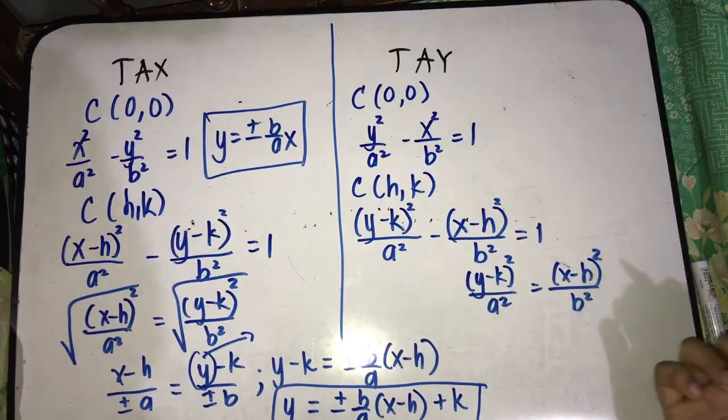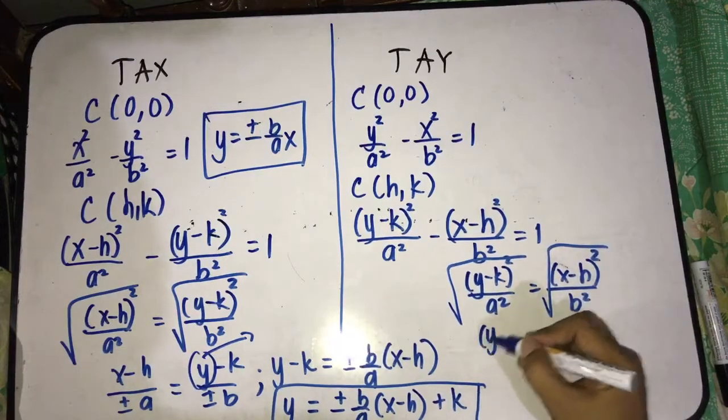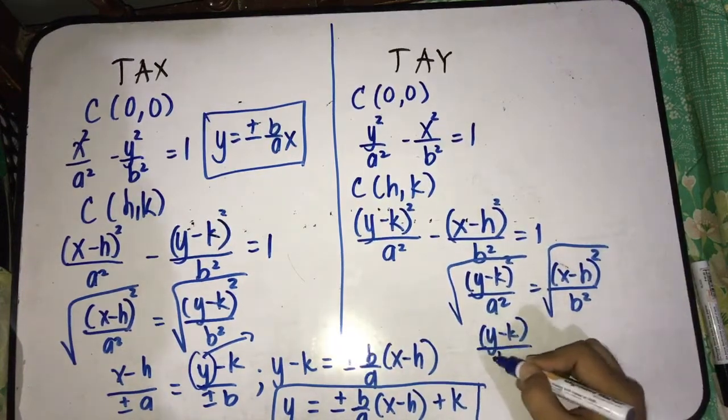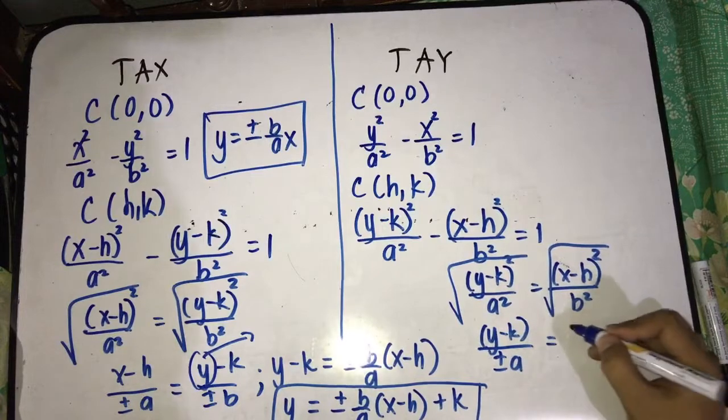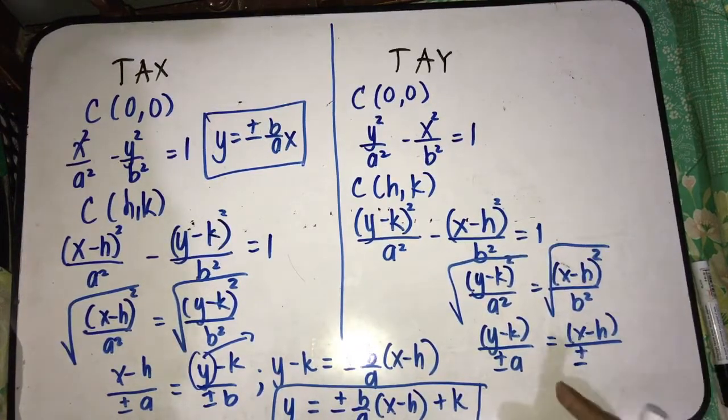Getting the square root of both sides, this becomes (y minus k) over plus or minus a is equal to (x minus h) over plus or minus b.